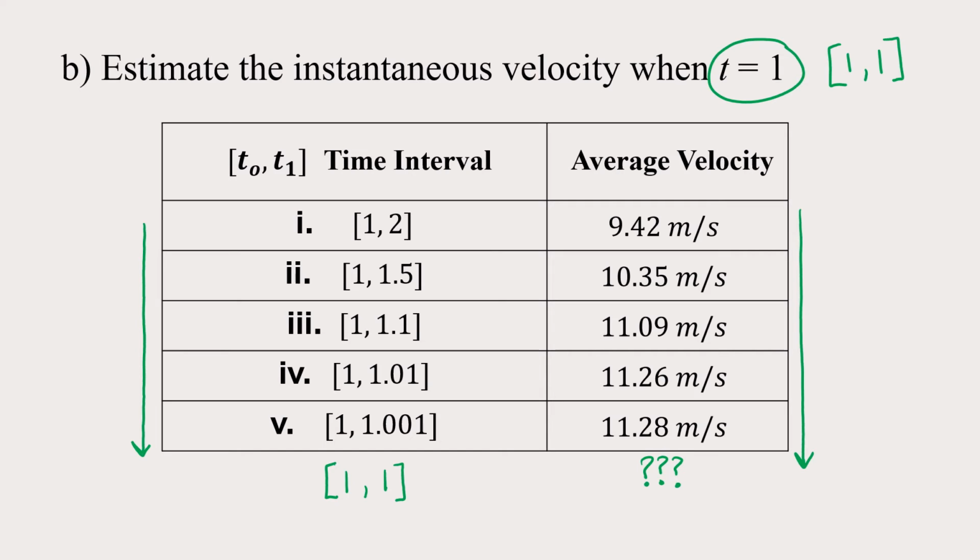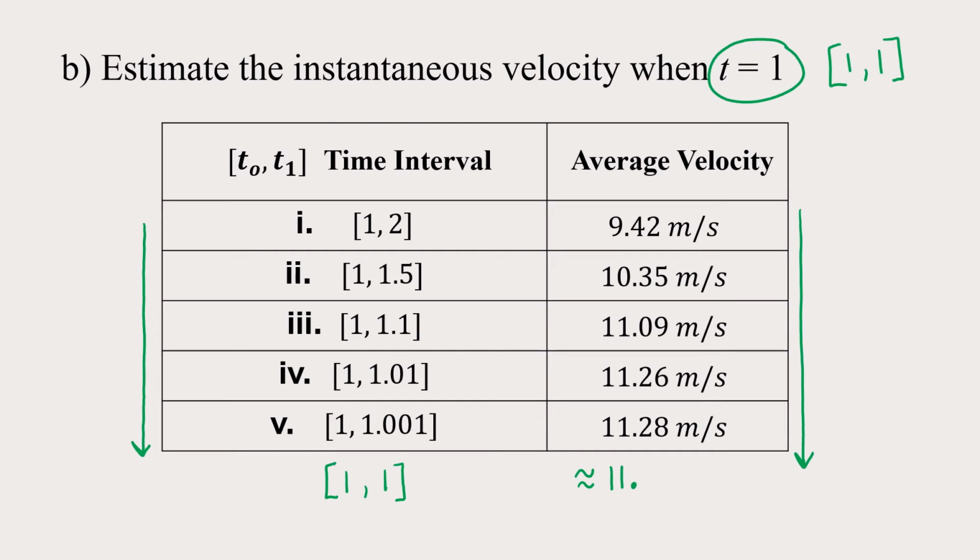Now, this is a numerical approach. We're just crunching numbers, looking for patterns. What do we see? When we do something like this, there's a bit of approximating that has to happen. If we look at this, we see that as we get closer and closer, the difference between these average velocities is getting smaller and smaller. So let's see, it would probably have this 11 here.